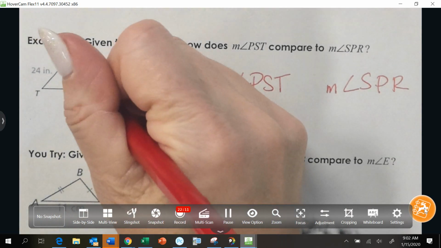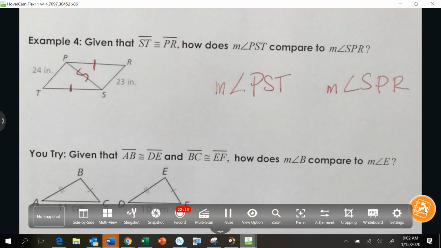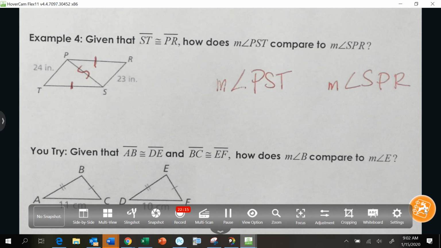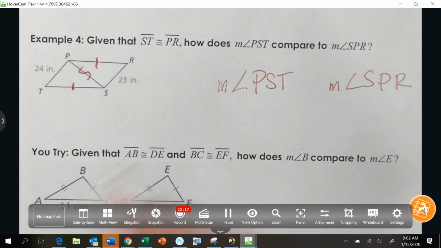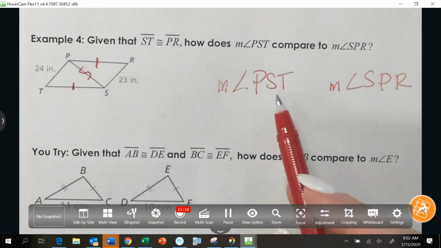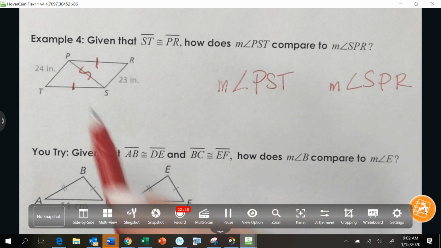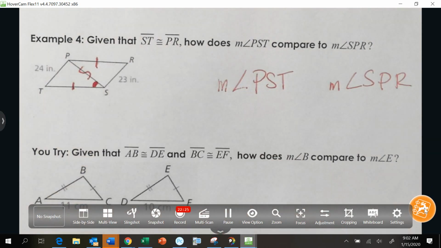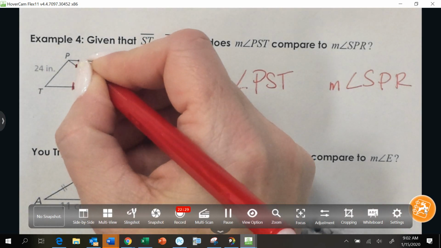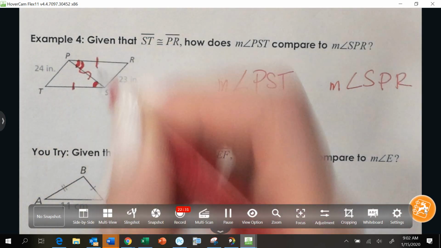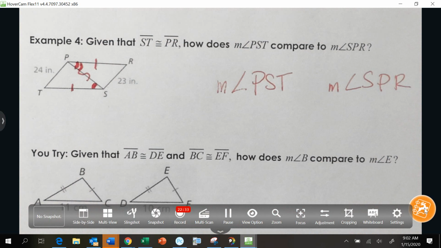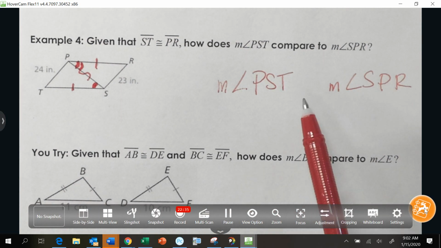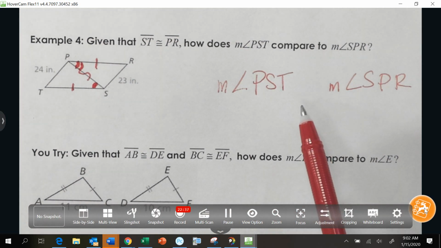We also know that these two sides are the same. So I'm looking at angle PST, which is this one here, and I'm looking at angle SPR, which is this one up here. How do they compare? What inequality sign should I put in here to make it true?